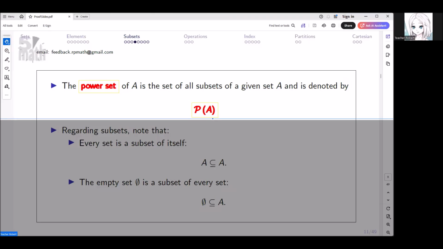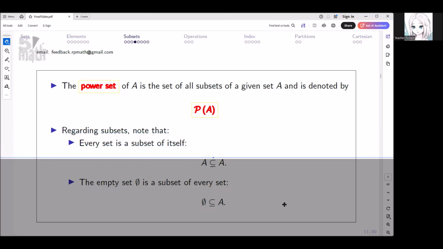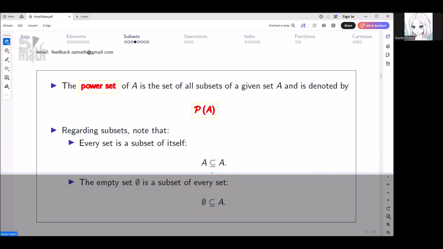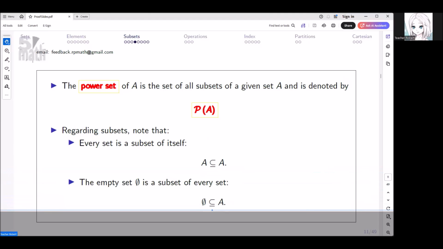The power set of A is the set of all subsets of a given set A, and is noted by this. Regarding subsets, note that every set is a subset of itself. The empty set is a subset of every set.